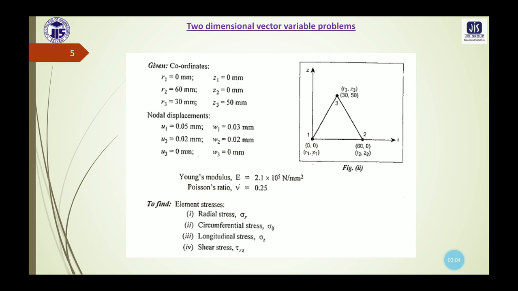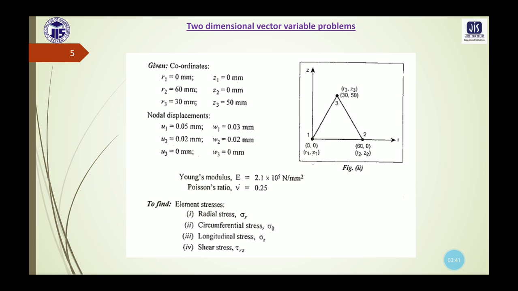So let us write all the given things in this numerical in detail. For the three nodes of this triangular element, the coordinates are given. Corresponding to node 1, which is given as 0, 0, that means r1 is 0 and z1 is 0.